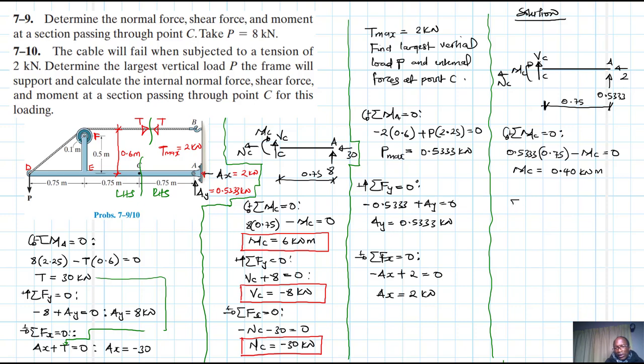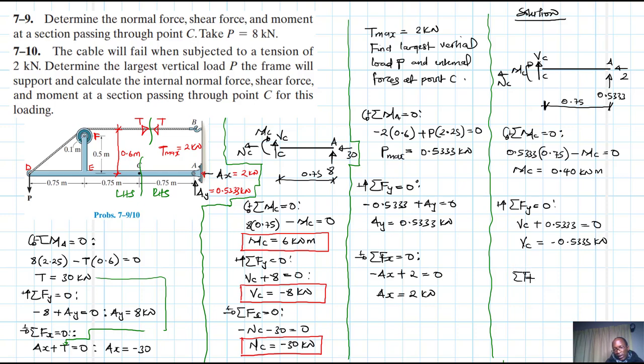And then we have summation of forces in the y equal to 0. Alright. And then we have VC plus 0.5333 equal to 0, and therefore our VC is just minus 0.5333 kilonewtons.